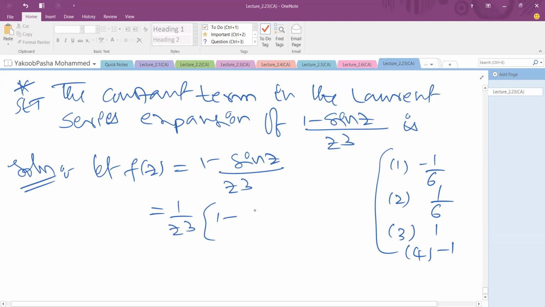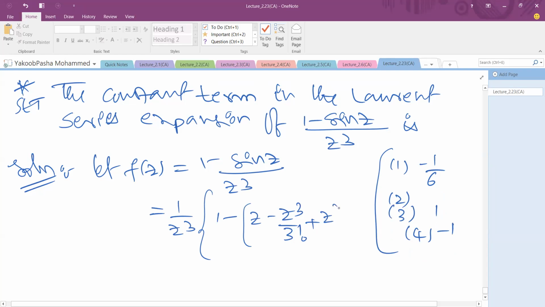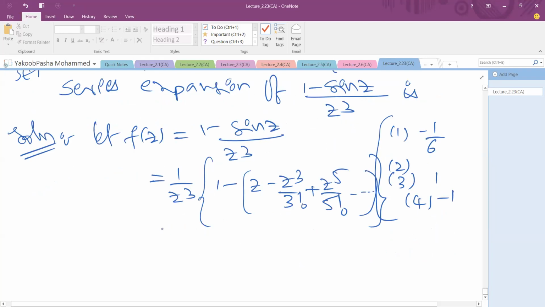That is z minus z cube by 3 factorial plus z power 5 by 5 factorial minus and so on. So that is 1 by z cube minus 1 by z square, then z cube cancels, minus of minus becomes plus 1 by 3 factorial, minus z square by 5 factorial plus and so on, alternating plus and minus.